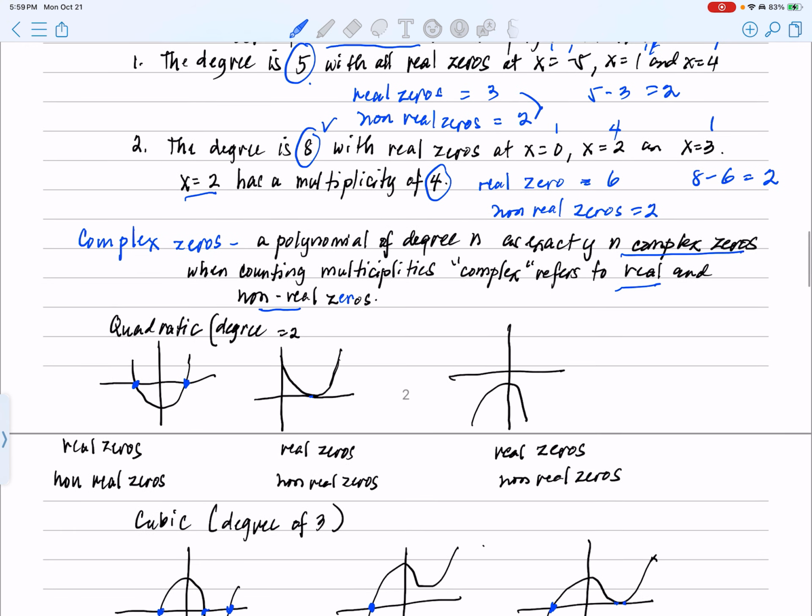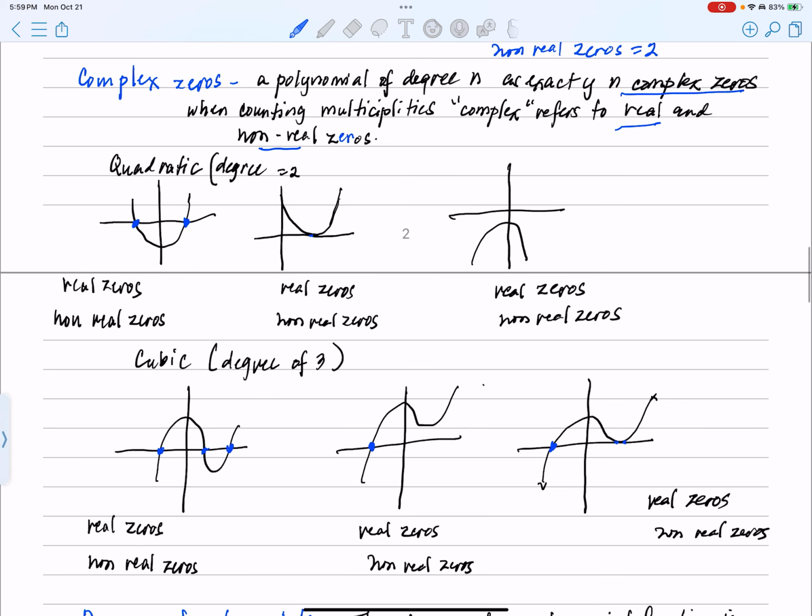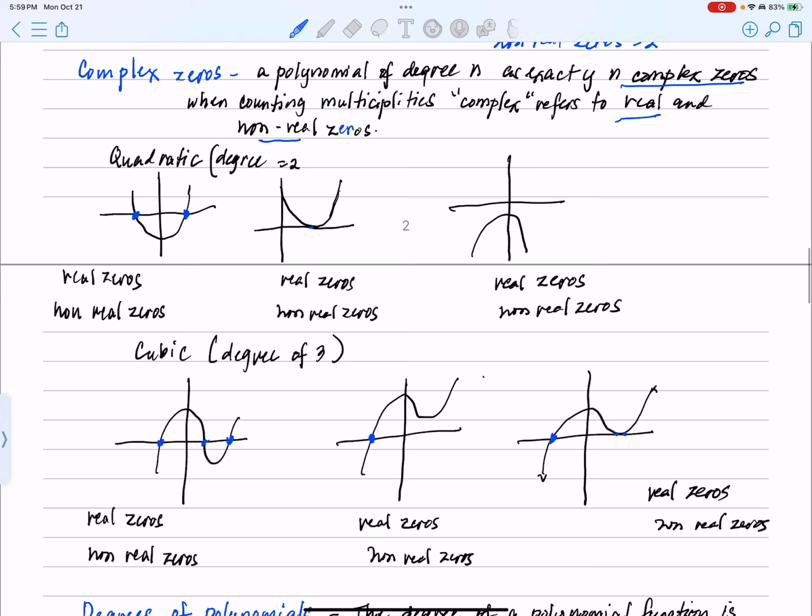Okay, how about if we look at it in terms of a sketch, a graph? You're asked how many real zeros and non-real zeros. Let's have a degree of 2. When it's quadratic, it either points up or points down.